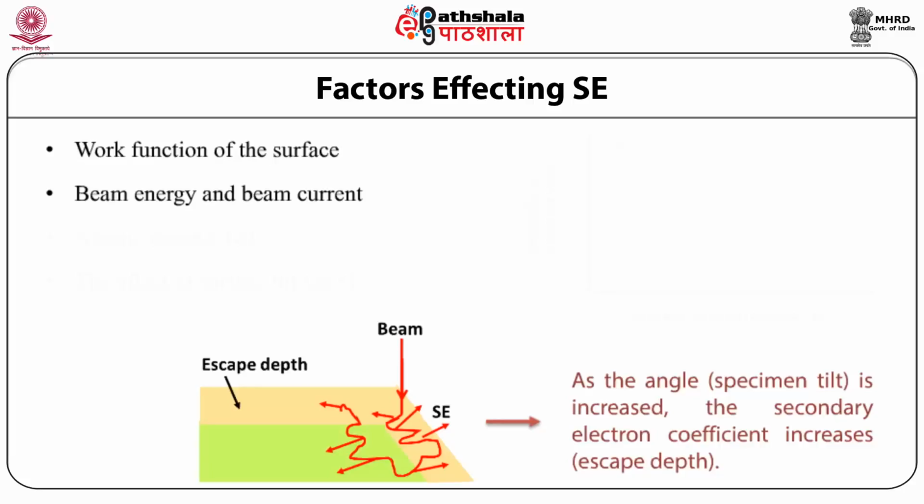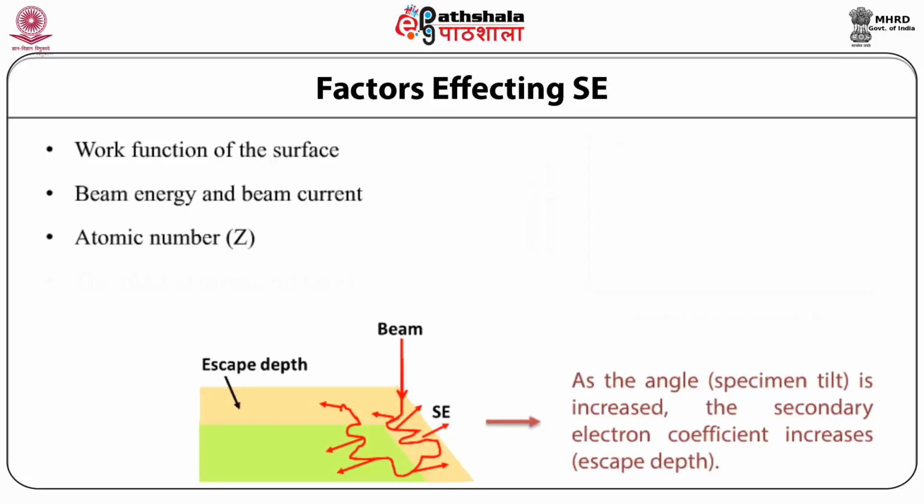The electron yield goes through a maximum at low accelerating voltage, then decreases with increasing accelerating voltage. The third dependent factor is the atomic number. More secondary electrons of type 2 are created with increasing Z values. The atomic number dependence is more pronounced at lower beam energies.